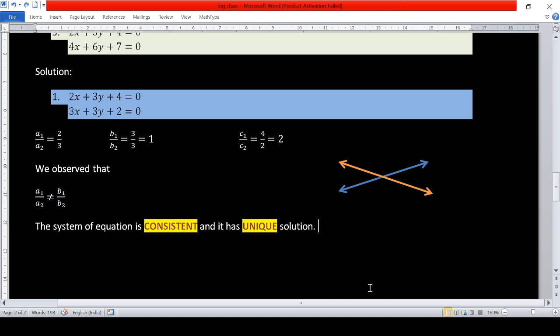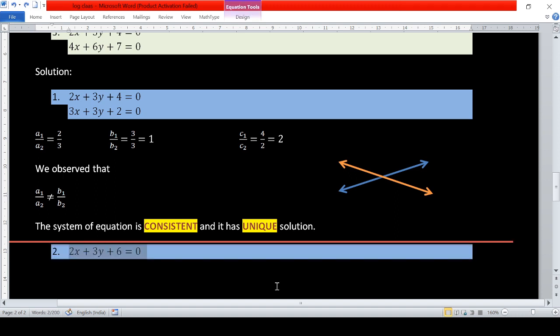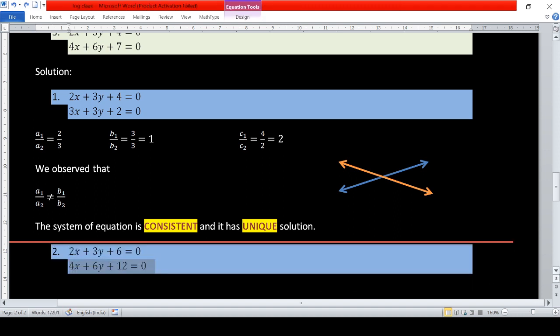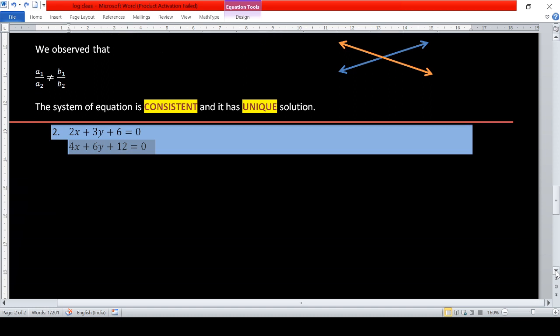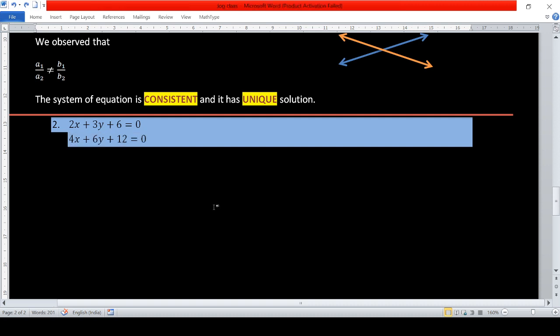Okay, it's over. Second system of equations: 2x + 3y + 6 = 0 and 4x + 6y + 12 = 0. Again, we are going to find the three ratios a1 by a2, b1 by b2 and c1 by c2. Are you clear with that? The first ratio is 2 by 4, the simplest form of which is 1 by 2.